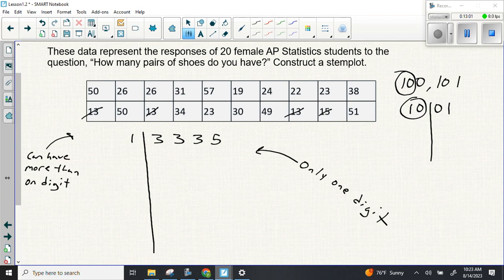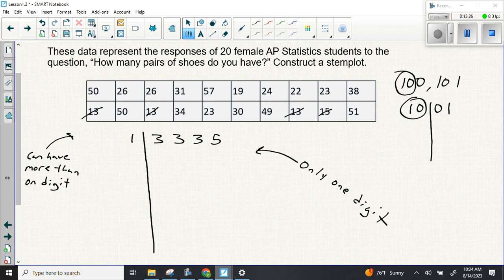That's why I say it can only be one digit, because I'm going to leave off this last digit. This is always the ones place. We'll do one like that in a minute to get used to different versions of it.